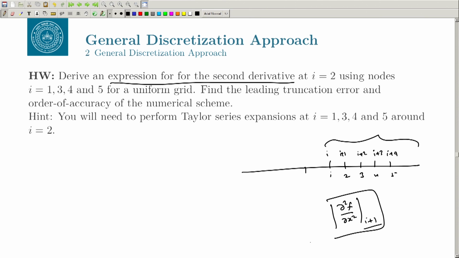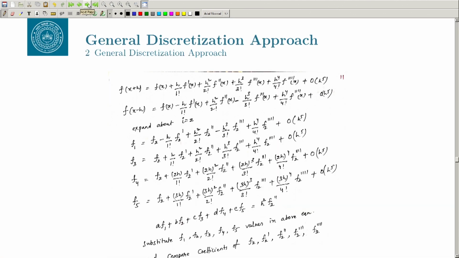So what you need to do is write the Taylor series around I plus 1 for I, for I plus 2, for I plus 3, for I plus 4, and for this also, and then compare the coefficients. For example, I have shown here, you can write 1, 3, 4, 5 around everything around 2.